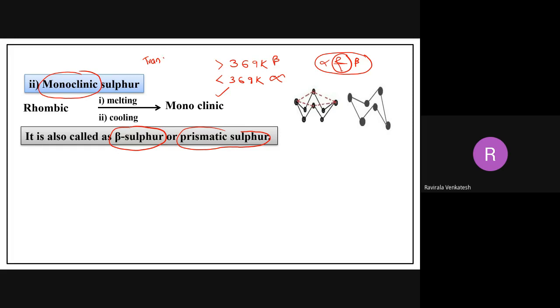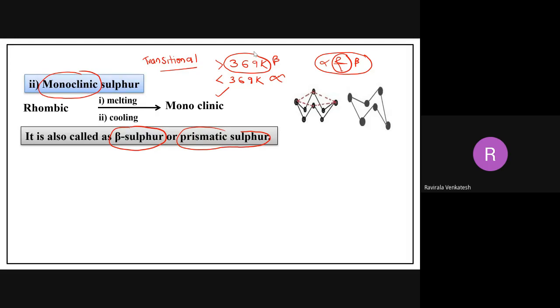Now, what is the transitional temperature for alpha and beta sulfur? 369 Kelvin can be taken as the transitional temperature.